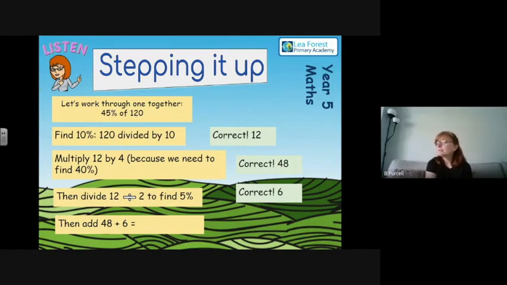Isla fourth. Plus we had Cole and Summer ahead of us. Caris, well done. So 54. 54 is the answer.